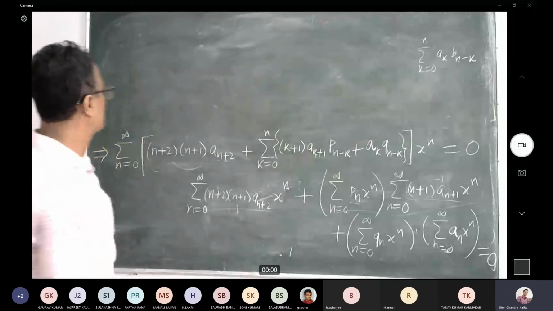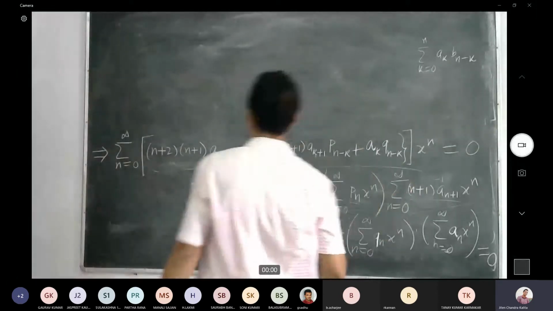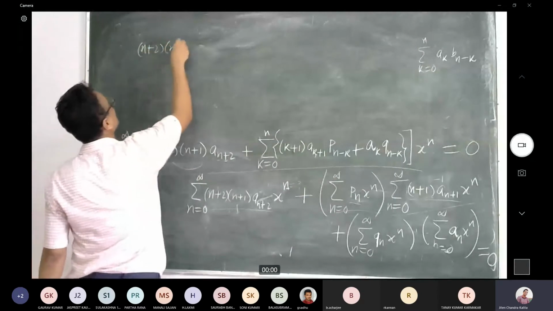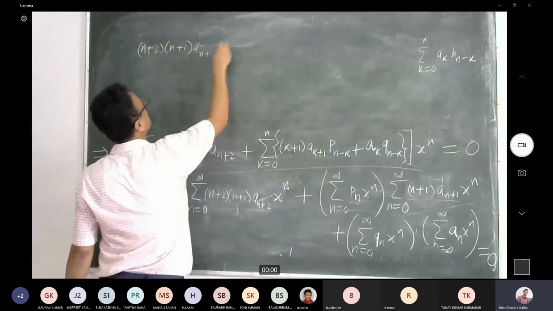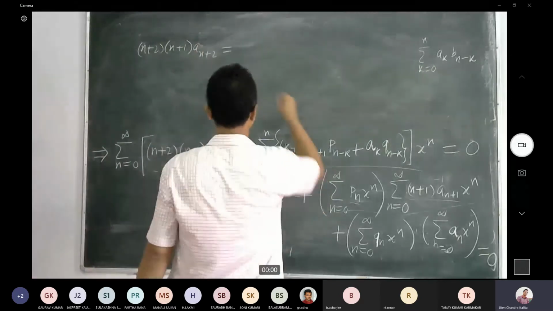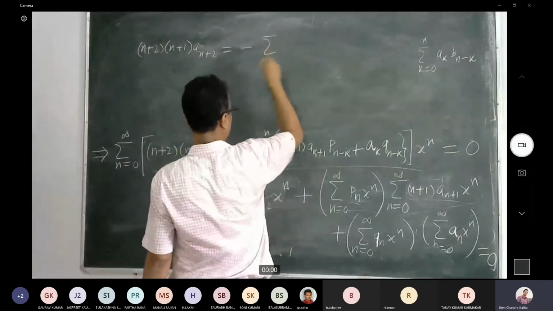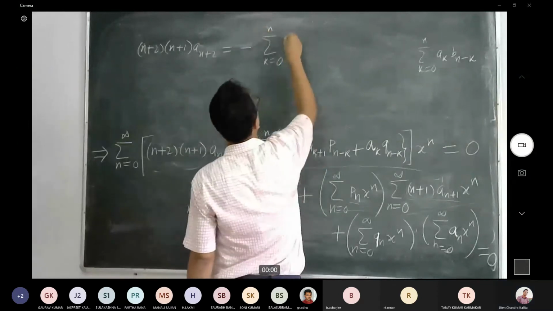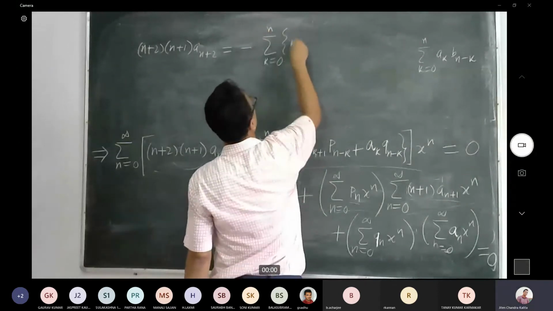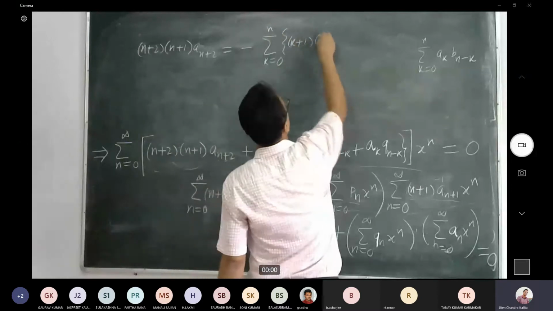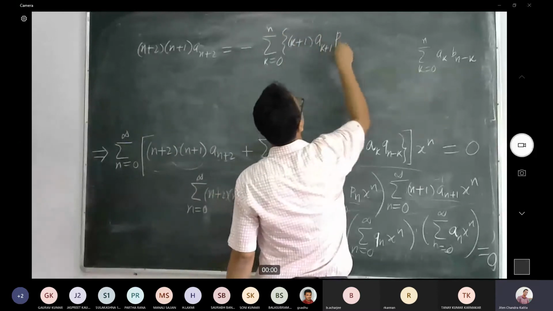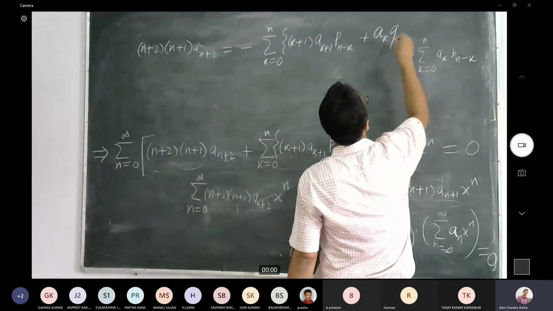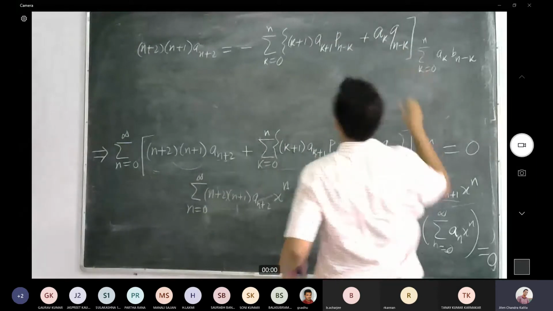So now this gives me a recurrence formula. It is given by a n plus 2 equals minus the sum for k equal to 0 to n of k plus 1, a k plus 1, p n minus k plus a k q n minus k.